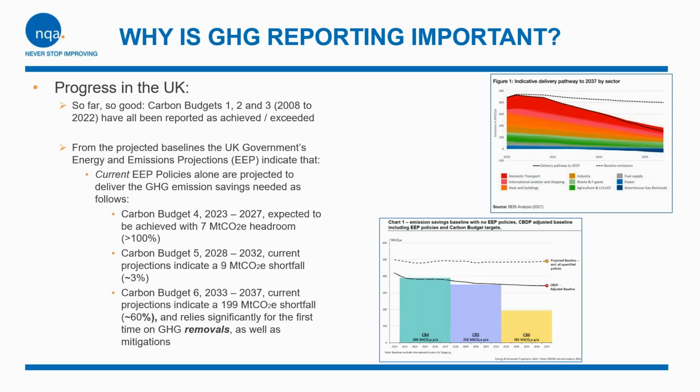So the removals will be both engineered, in other words technological, and nature-based removal mechanisms to actually remove the carbon dioxide directly from the atmosphere itself. So we have in the UK up until carbon budget 6 at the minute, and carbon budget 7 and so on will be developed thereafter to take us to the ultimate goal of net zero by 2050. So far so good really in the UK, I think.